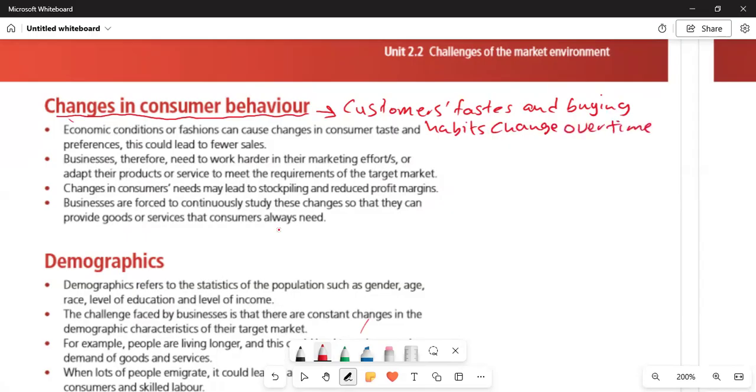For example, more customers prefer online shopping instead of visiting stores. So that is what we're talking about when we talk about changes in consumer behavior.